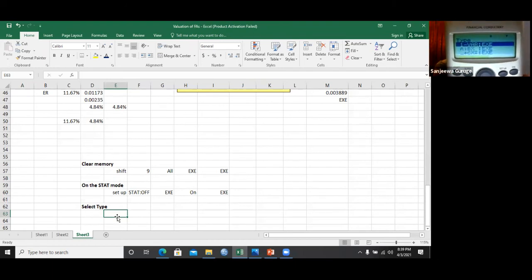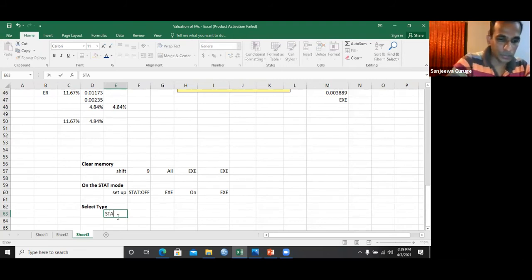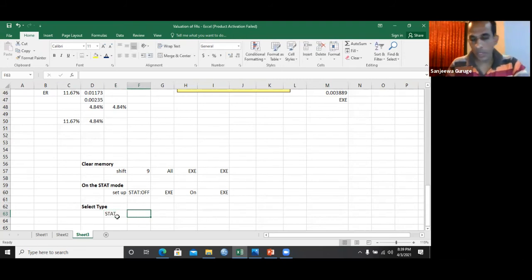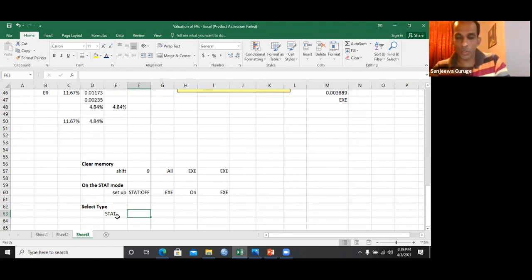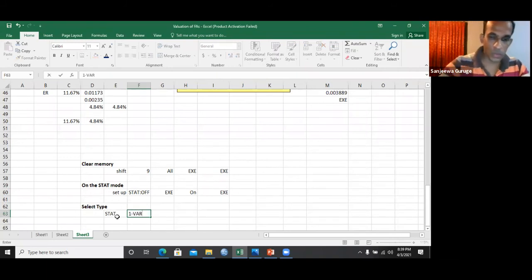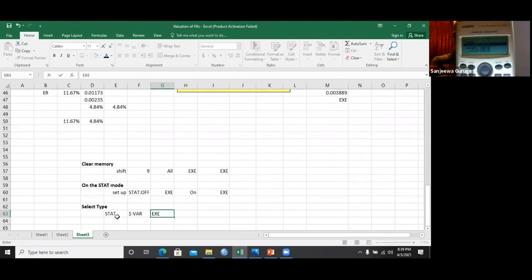So you have to press stat, right? Then when you press stat, you get this screen, one variable. When it highlights one variable, you need to press exe.